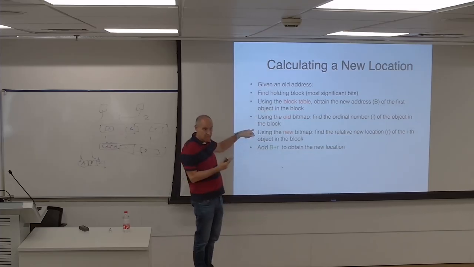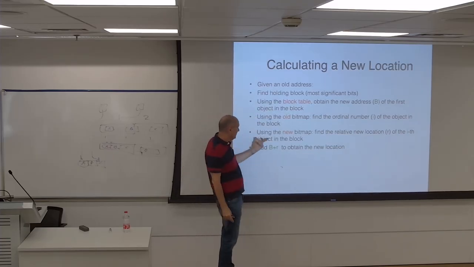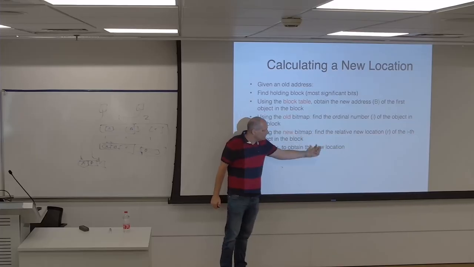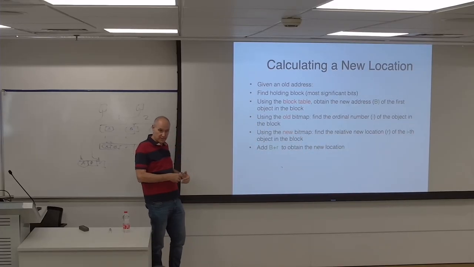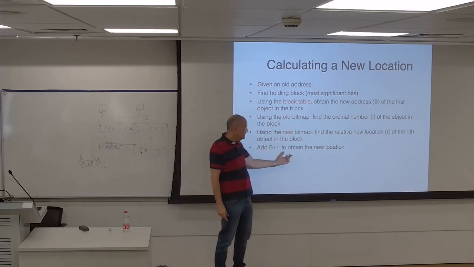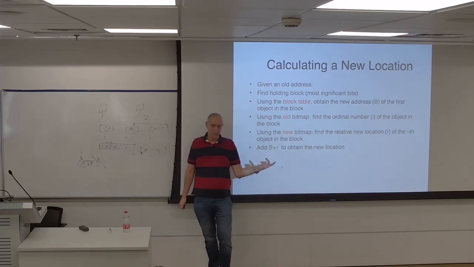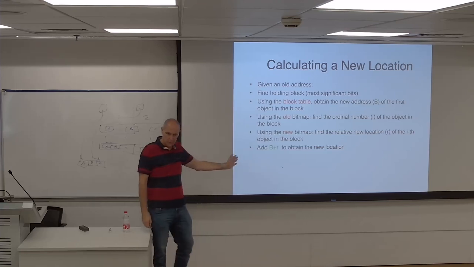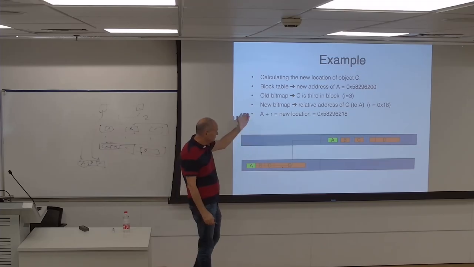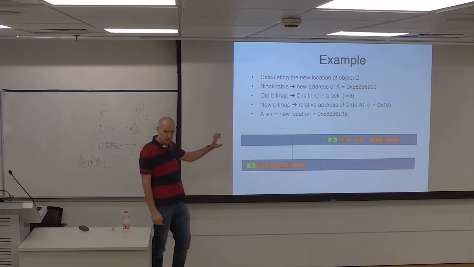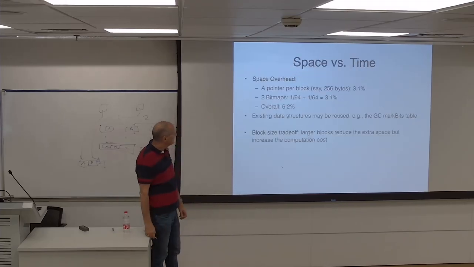It is the same number in the new block. So using the new bitmap, I find the relative new location of the ith object after the move, and that gives me the new location of the object that was moved. Cool. So here's an example, but we already did it on the other drawing.